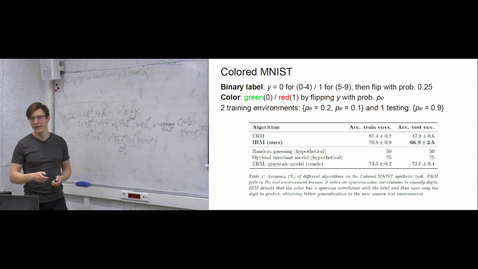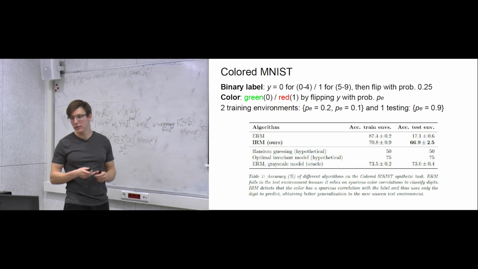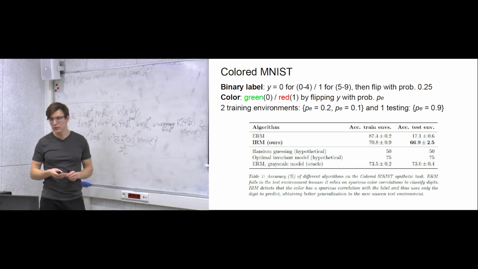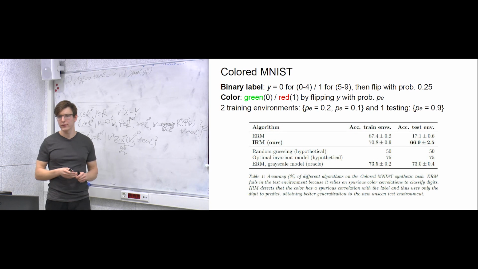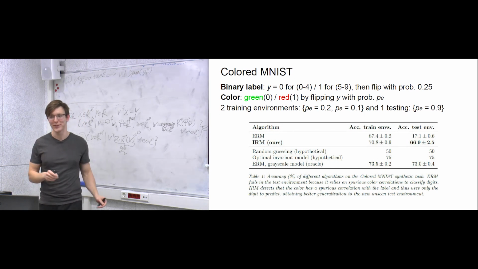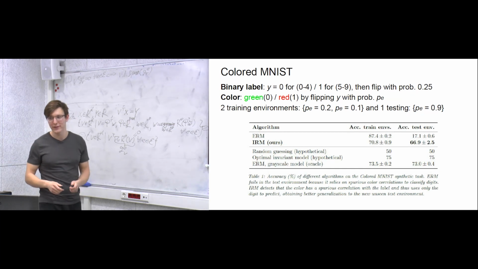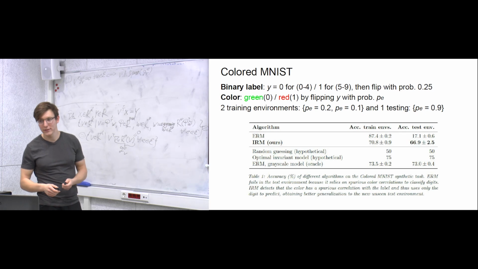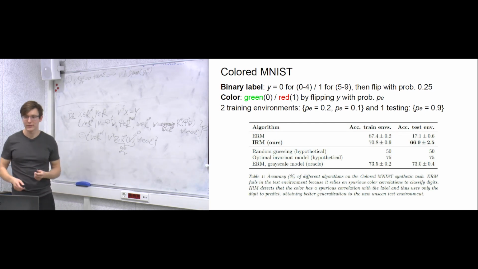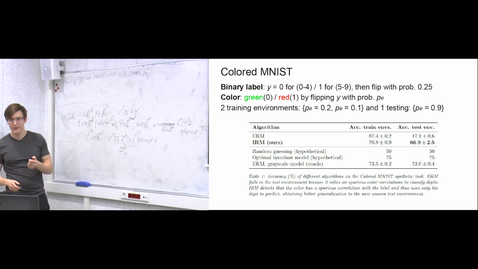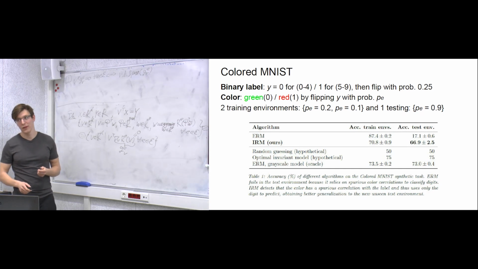Is this experimental setup with flipping usual, or are they the first ones who use it? They're the first ones, yes. That spurious colored MNIST is their invention, IRM and the colored MNIST. It seems that without this 25% probability, they did not have very good results, and they didn't want everybody to know.